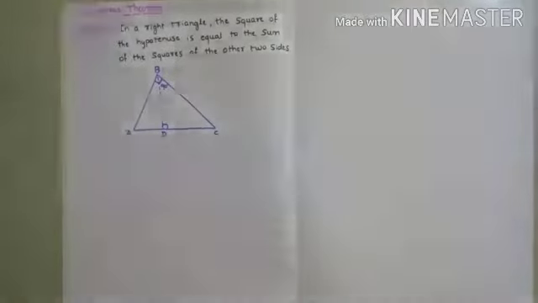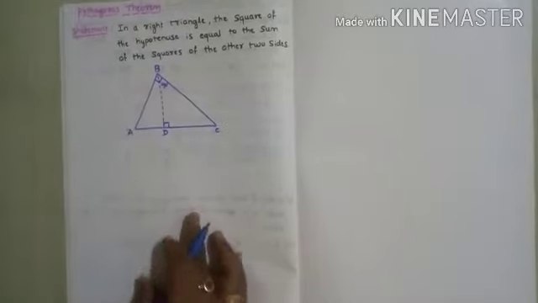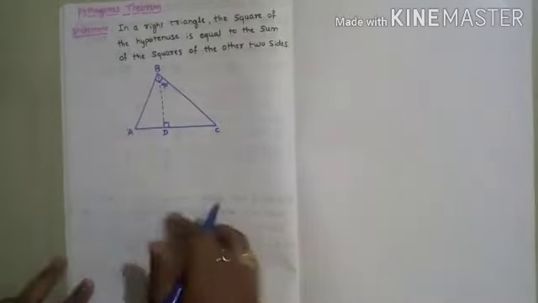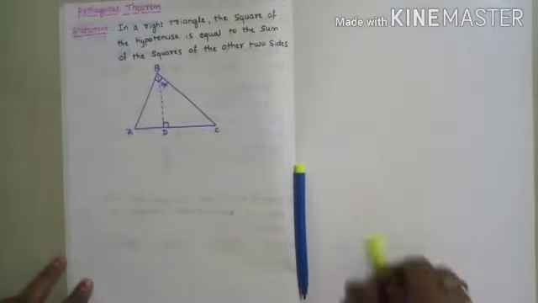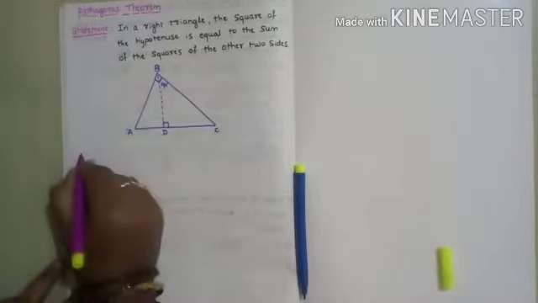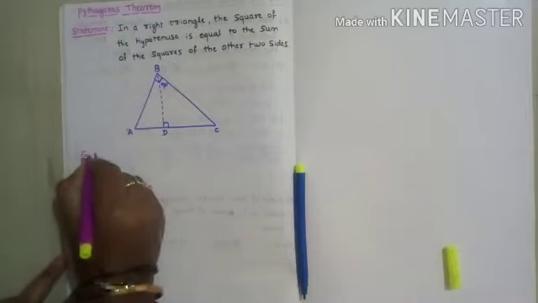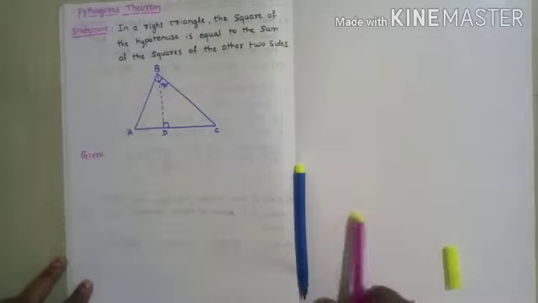Then you have to write the given. What they have given in this statement, you have to write it. Given: what have they given here?